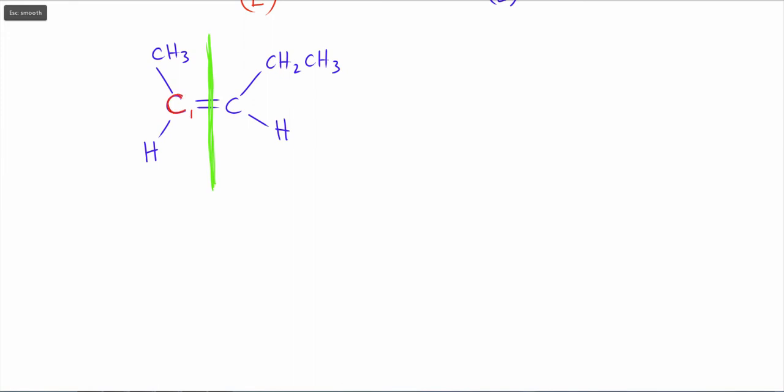I can just write carbon 1 and carbon 2 if that helps you figure things out a little more clearly. Those are the 2 sp2 hybridized carbons in the double bond, and I want to prioritize what atoms or atom groups are attached to it. So I have my left and I have my right side. Okay, so I have a C versus an H. This is going to get 1 and this is going to get 2. So for that first carbon in the double bond, I've already prioritized those 2.